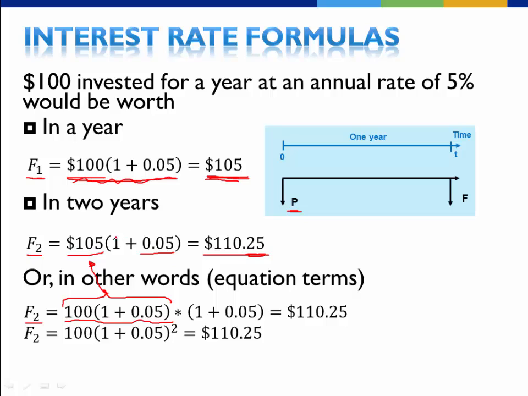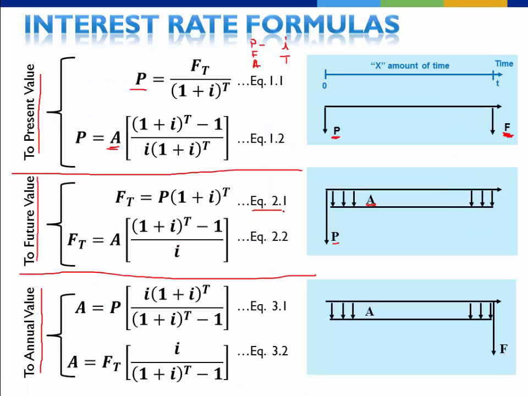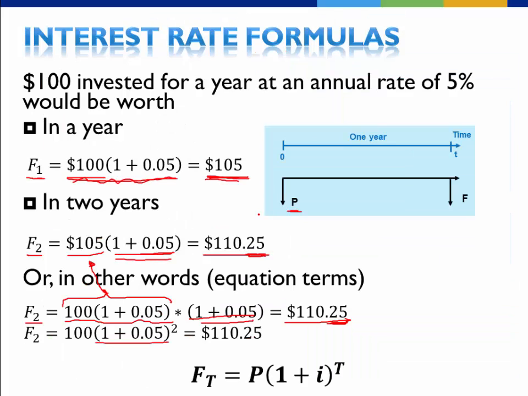Now this is times this 1 plus 0.05. So this is how we get to this 110.25 that we estimated before. Basically, this 1 plus 0.05 times 1 plus 0.05 is a common factor, and we can express it like this. So that is how this equation, the one I was telling you about, this 2.1, can be derived.